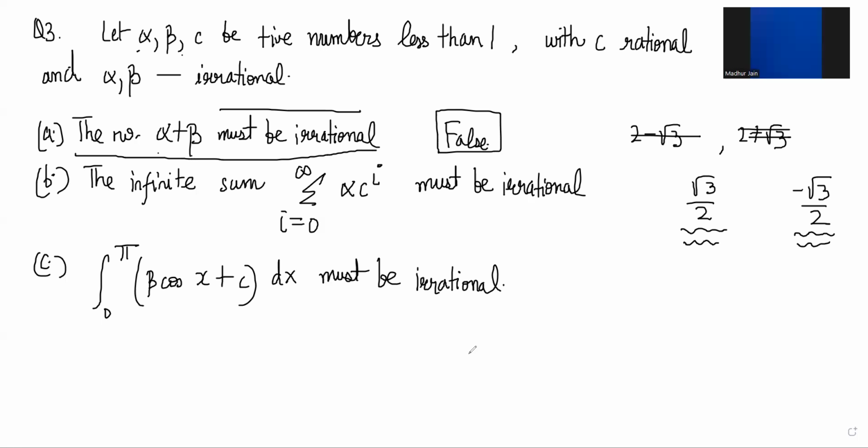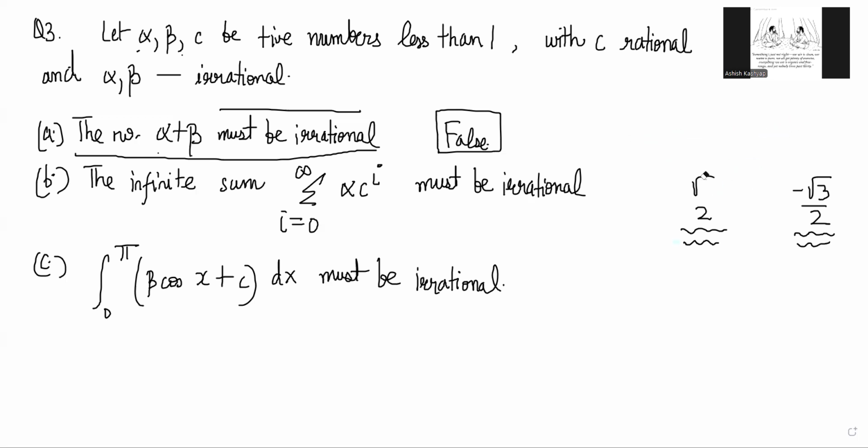Yes, sir, I thought of a proof like S is equal to alpha plus beta, so I did not think of the conjugate case there. Do you understand what I am saying right now? Yes, sir, now understood. It is not necessary that the sum of irrational numbers is irrational. There are so many examples that it is not. You just have to take one counter example and see that this statement is clearly false.